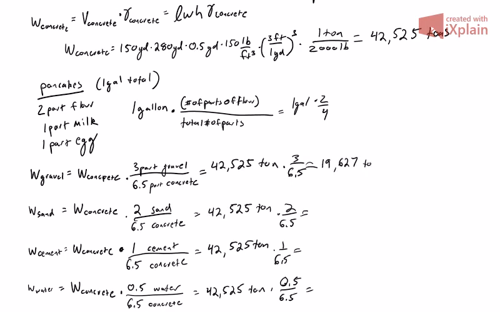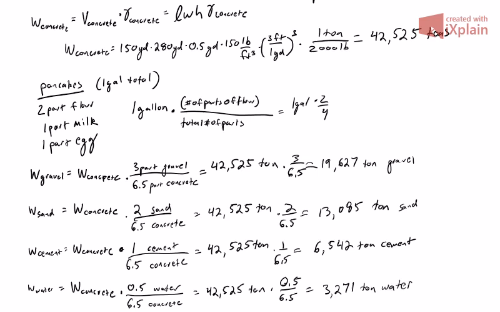19,627 tons of gravel, 13,085 tons of sand, 6,542 tons of cement, and 3,271 tons of water.